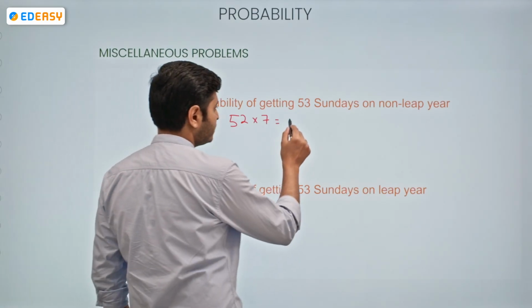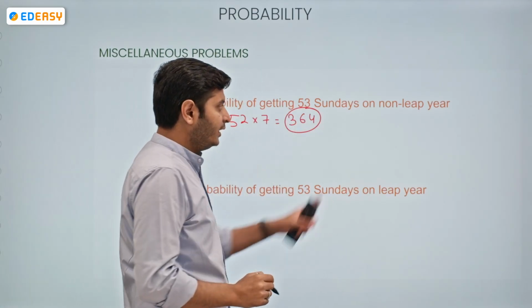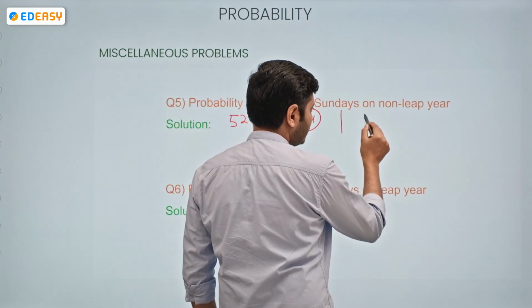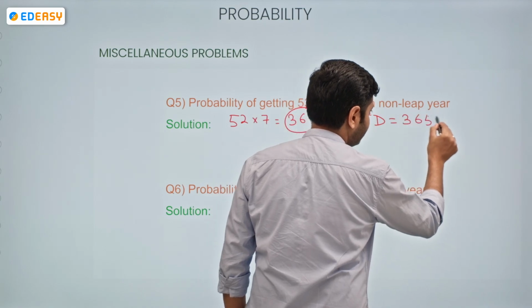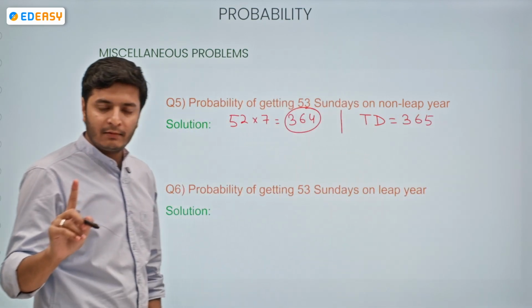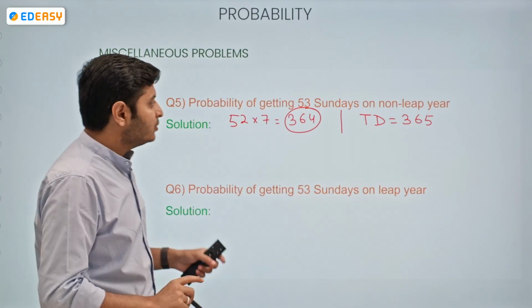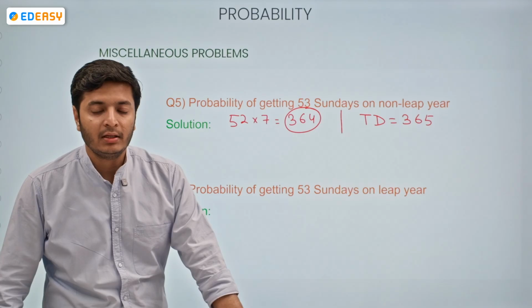That is 364. In a non-leap year, total number of days is 365. So there's only one day left, correct?